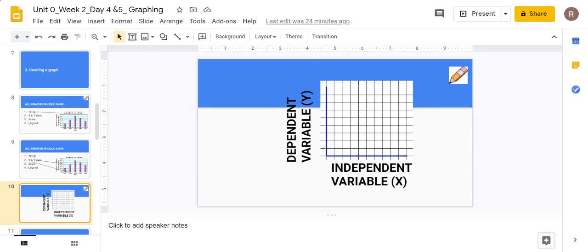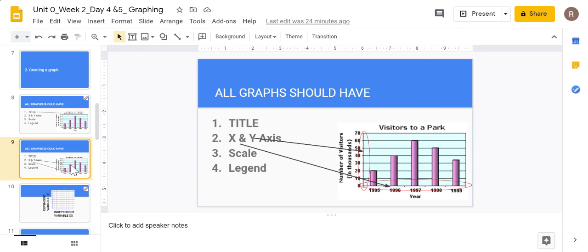So if I go up to our example in the last slide, I have number of visitors. That's what's changing. So that is the dependent variable. And the year is, I'm sorry, I said that incorrectly. The year is what is changing, right? 1995, 1996, 1997, 1998, and 1999.